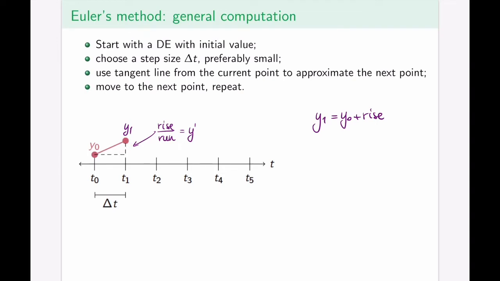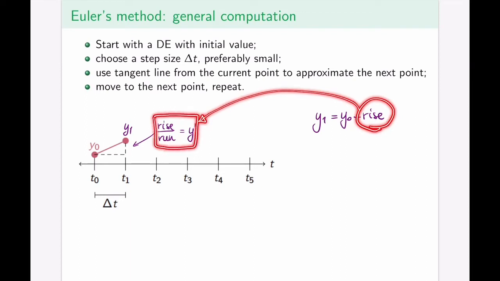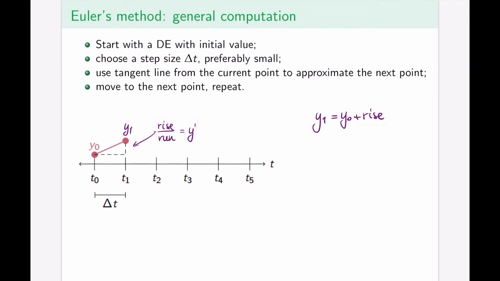Now, what I can do is rewrite this rise in terms of y prime. I'm going to do it in two steps so it's clear where I'm getting things from. Instead of writing rise, I'm going to write rise over run times the run. So I haven't really changed anything. The run value can cancel out and I will get my y0 plus the rise.